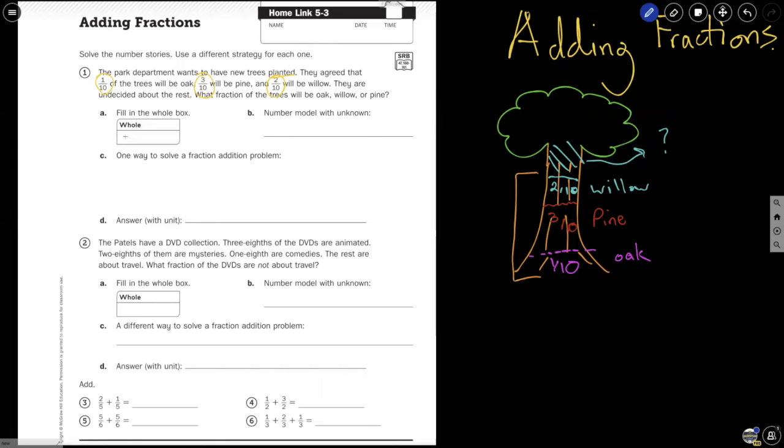So we know that we have 1 plus 3 plus 2, okay?